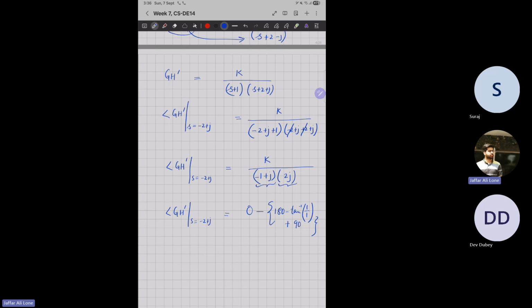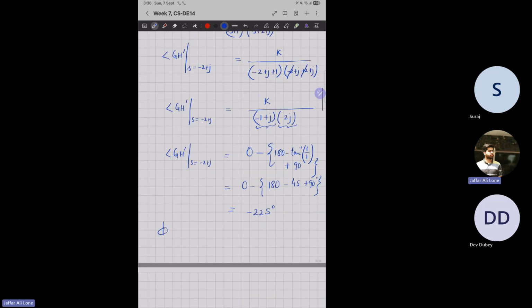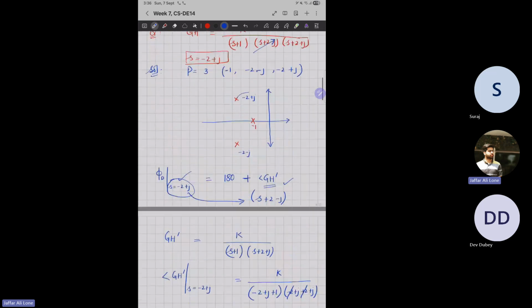Tan inverse of 1 over 1 gives 45. So it is equal to 0 minus 180 minus 45 plus 90, which is equal to -225 degrees. So now we can find the angle of departure phi d, which is given by 180 minus 225, which is minus 45 degrees.